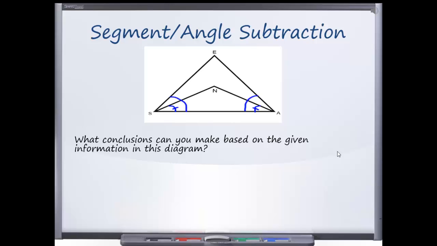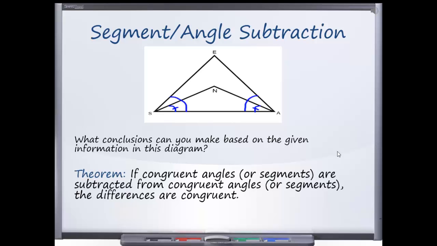So if we have the large angle ESA is congruent to EAS, right? We can subtract the smaller angles NSA and NAS and get the other small angle. So if congruent angles or segments are subtracted from congruent angles or segments, then their differences are congruent.